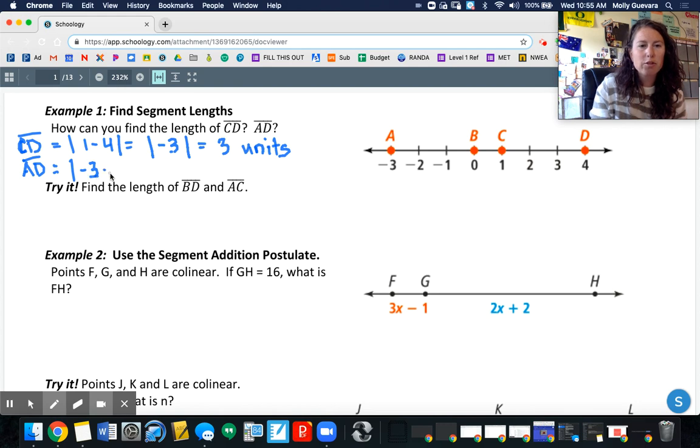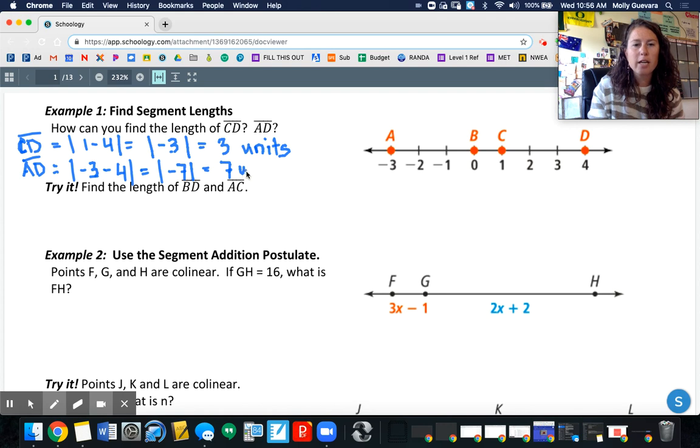And we're subtracting, you always subtract, D, which is 4. Okay, so then we do the math. -3 minus 4 is -7. The absolute value of -7, how far away is -7 from 0 on a number line? And it's 7 units.